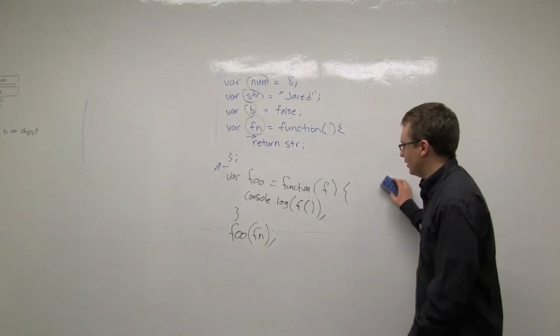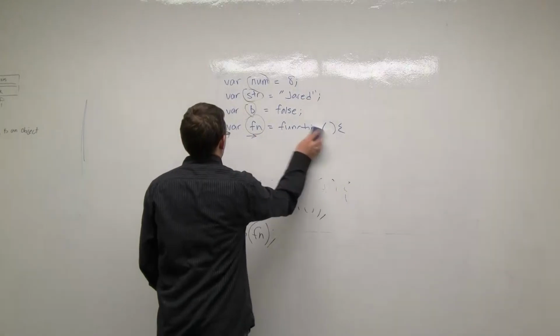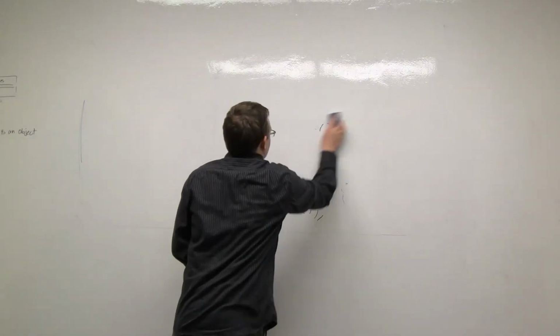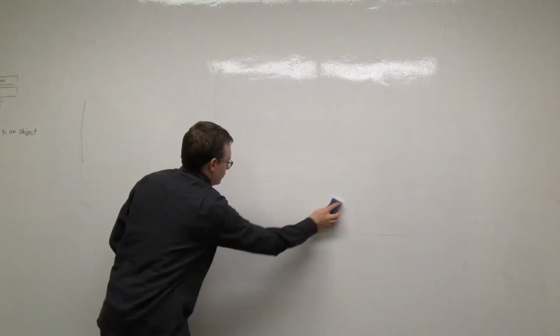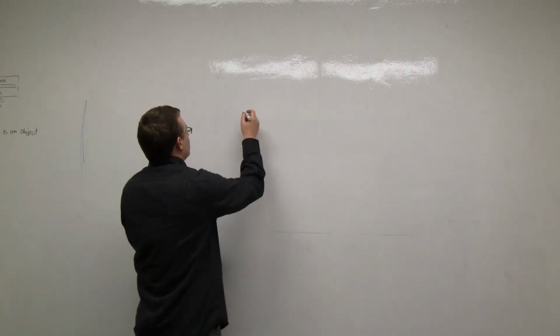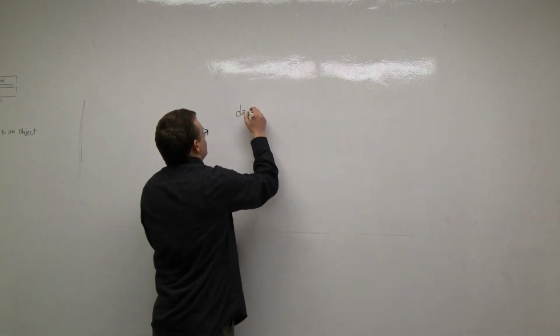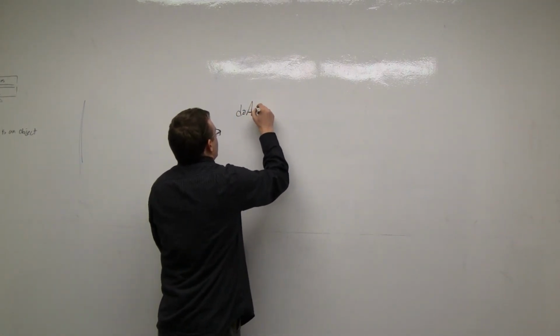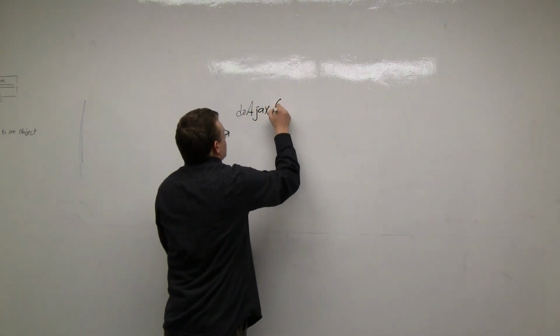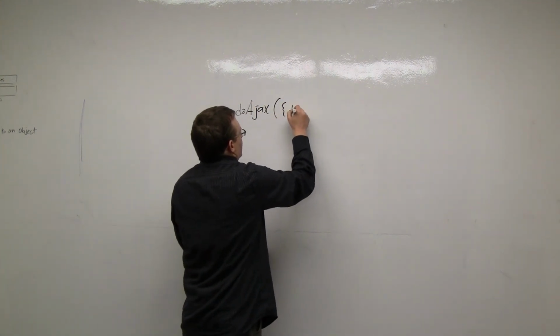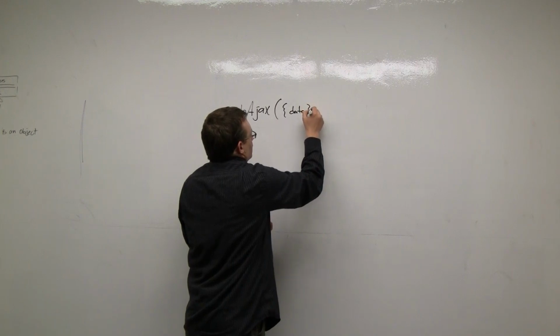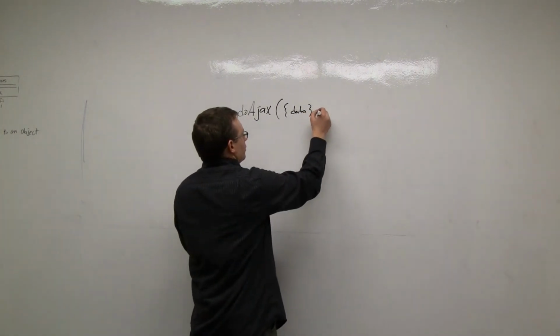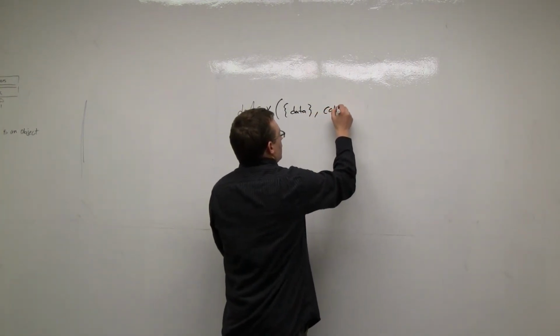So you can say, just do an oversimplified something, do Ajax, and then some data. I suppose we should talk about object literals at some point. And then callback.